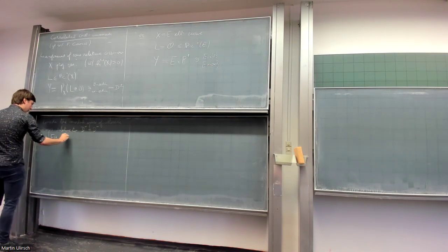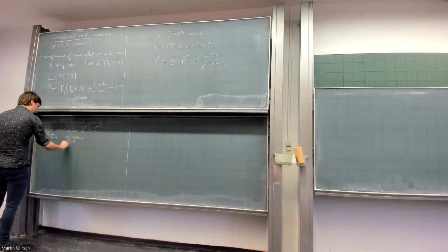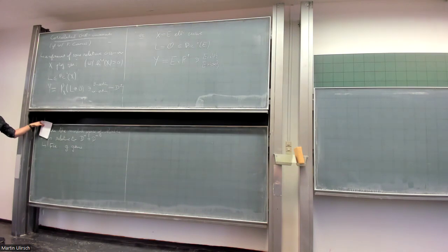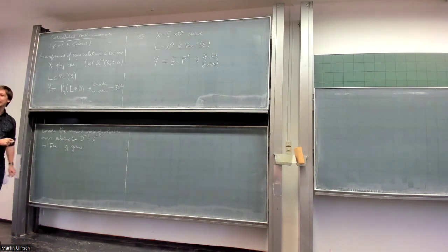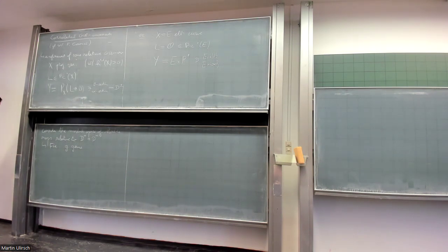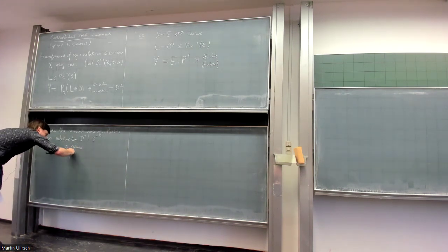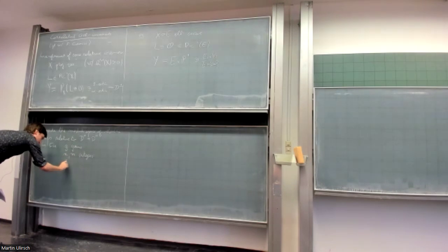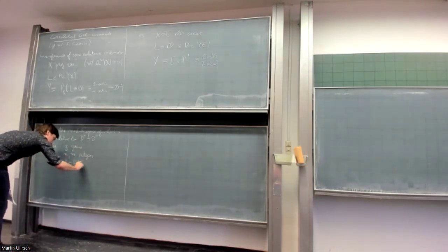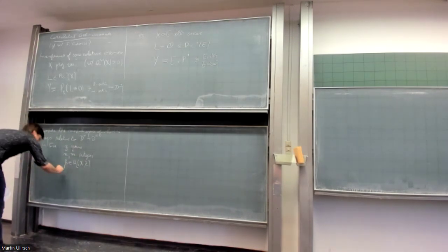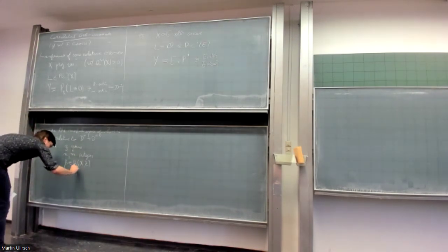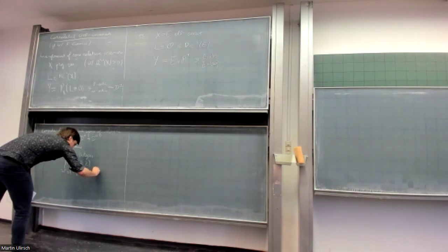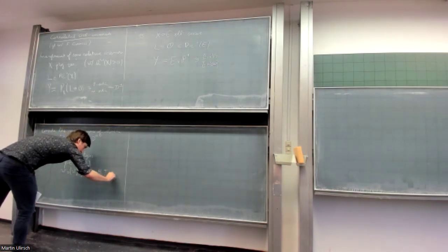I'll fix g a genus, n, m positive integers, beta a homology class inside X, and W, which is a family indexed by 1 to n, with sum equal to 0.